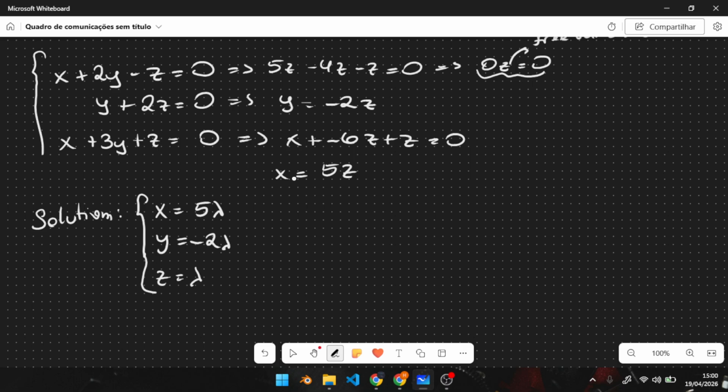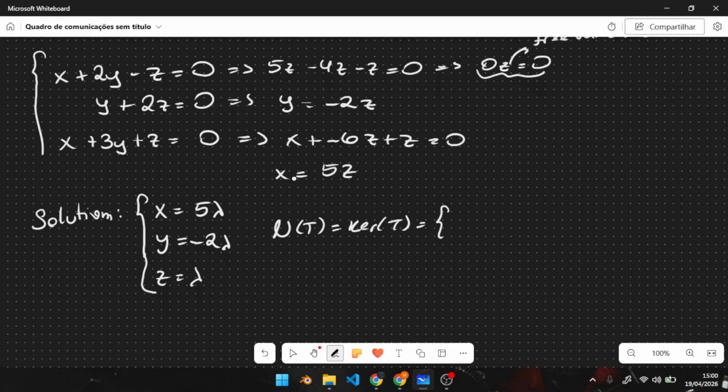What does this mean for the question? What is the null space of T, which is the same thing as the kernel of T?